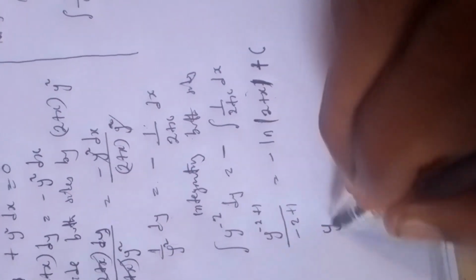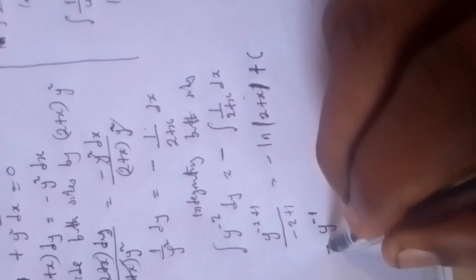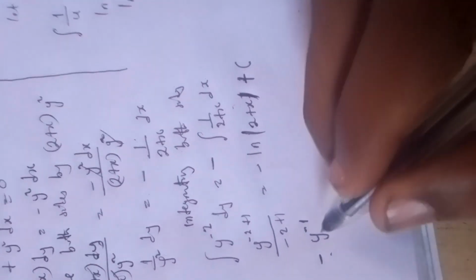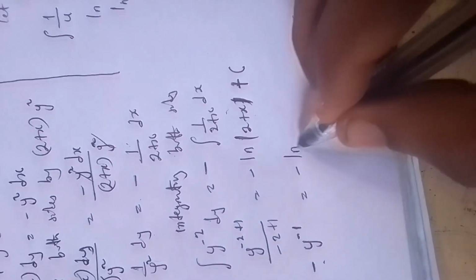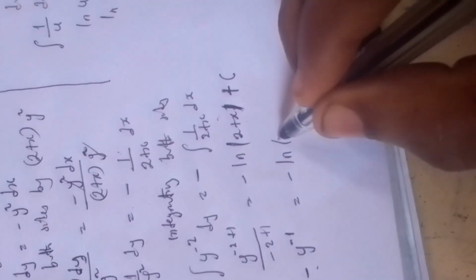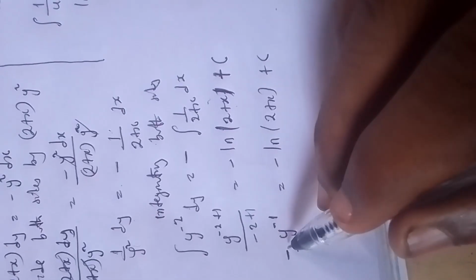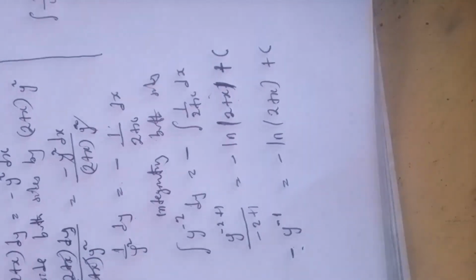Now, if I solve this, I'm going to have y to the power minus 1 all over minus 1. I'm going to bring that minus here, and anything over 1 is still that thing. So it will just be minus y to the power minus 1 is equal to minus ln(2 + x) plus c. Multiply both sides by minus.